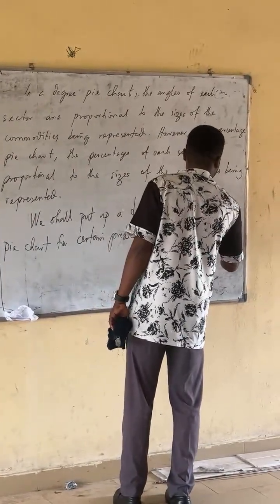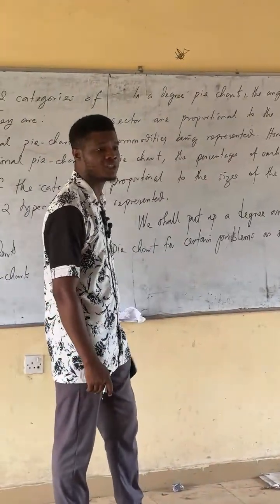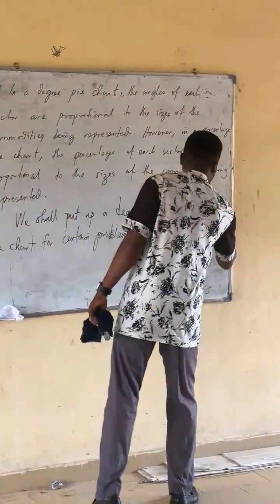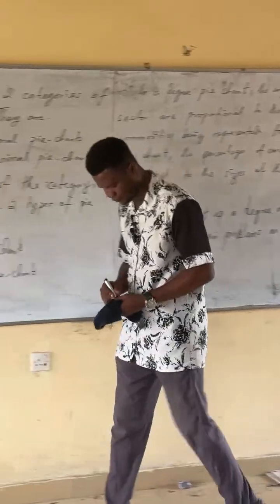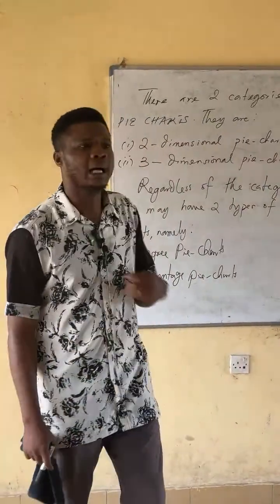What was our last example the day I left the class? Was it 4 or 5? 4. So this should be 5, right? As shown in example 5. Are we there?